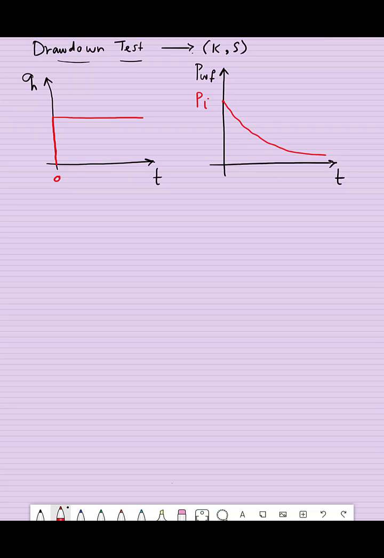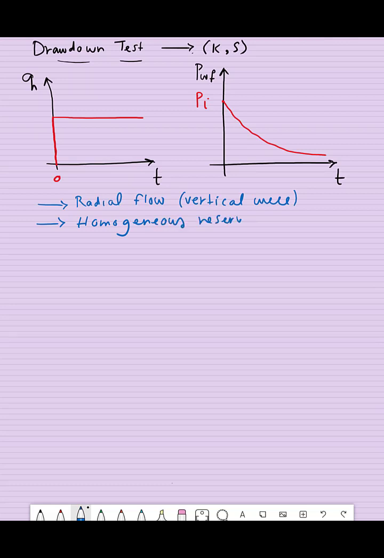So the assumptions were, in this case, we are gonna make sure it's a radial flow, is a vertical well, and the second assumption, obviously, we have a homogeneous reservoir, and then the reservoir is infinite acting. Infinite acting is another term for transient flow period.